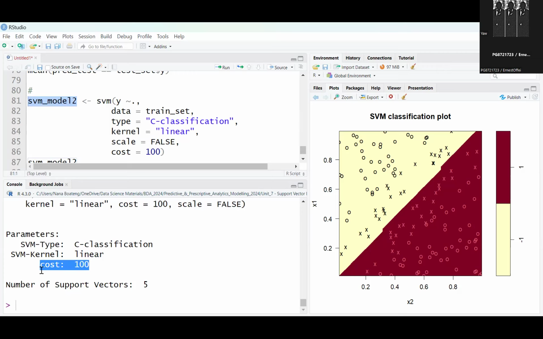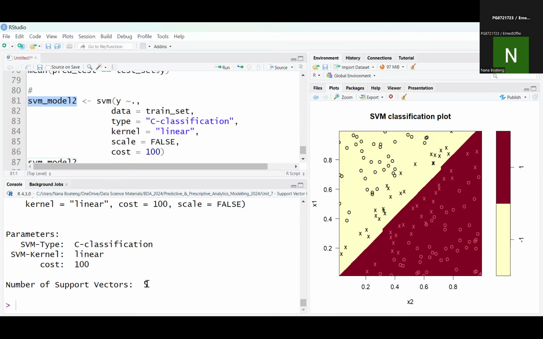So the cost is a control parameter, and as much as possible, so as the name is, if you remember, the support vectors are data points that have a crucial influence on, so like they support your decision boundary, so to speak.